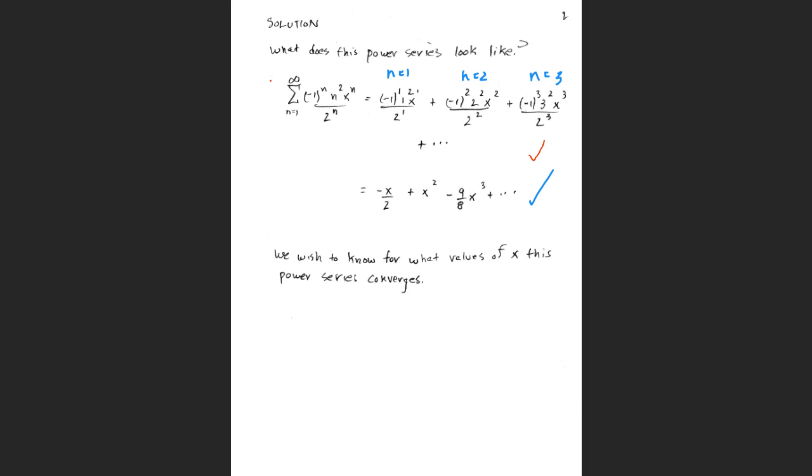To make it a little more concrete, what this summation means is add up these terms, and we find the terms by letting n go through 1, 2, 3, 4, and so forth. We wish to know for what values of x this power series converges.